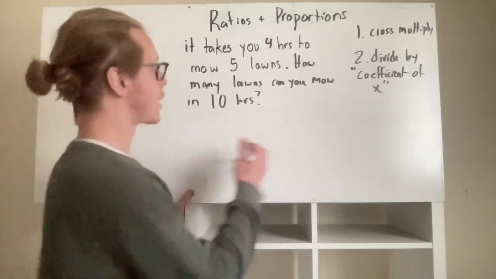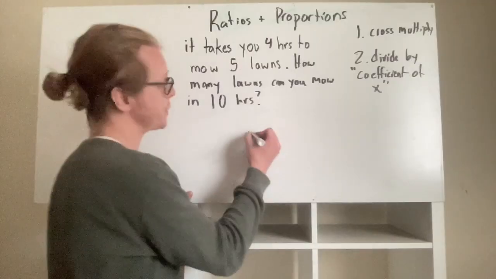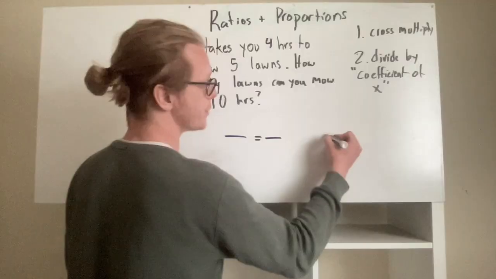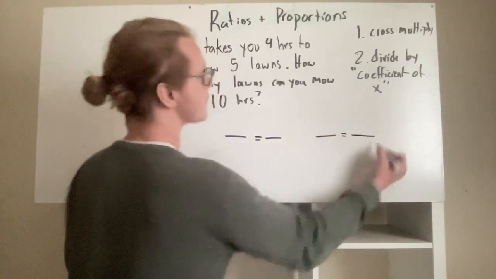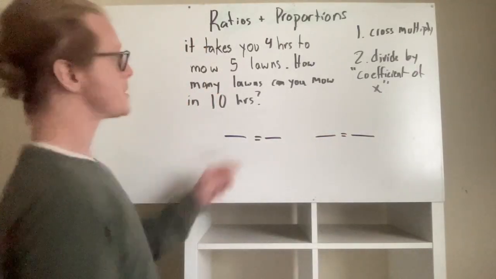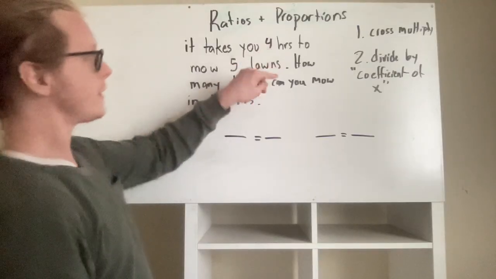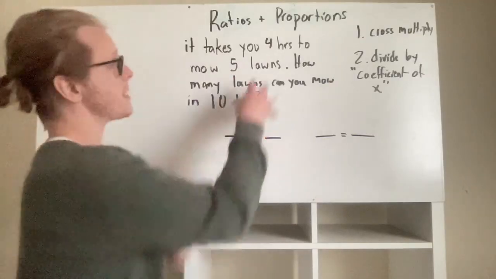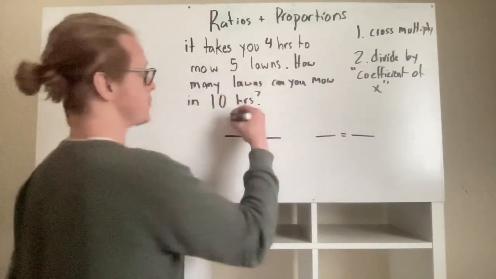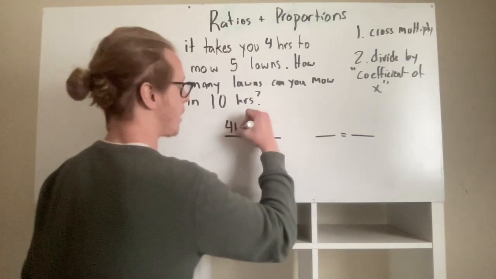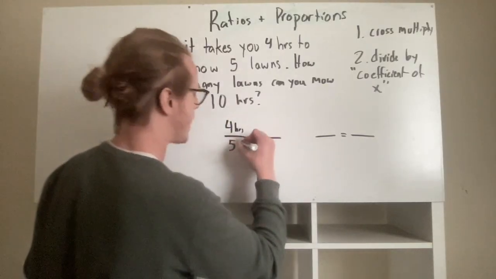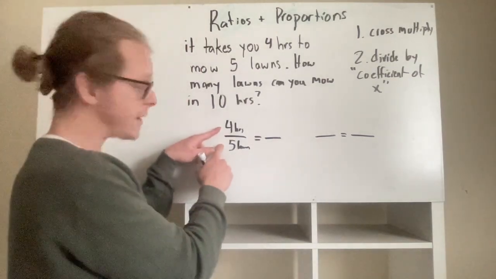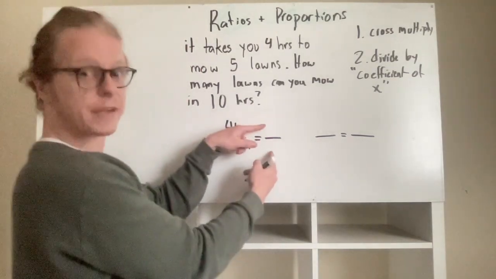So we need to set our proportion up here, and there's a couple different ways we could do it, but we know it's going to be 2 fractions that are set equal to each other. So we could say, let's put the 4 hours and the 5 lawns together, because it takes 4 hours to do 5 lawns. So I could say 4 hours for 5 lawns, and the way that I set up this fraction is basically going to tell me how to set up this one.